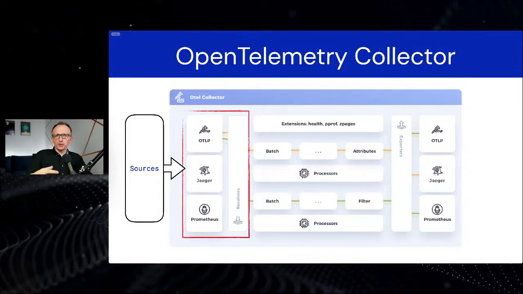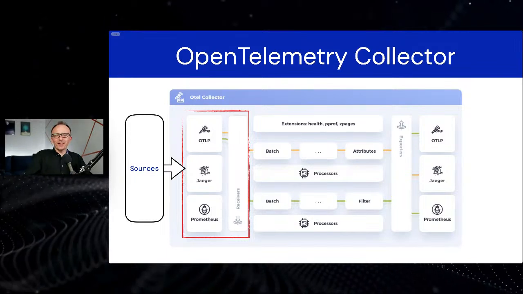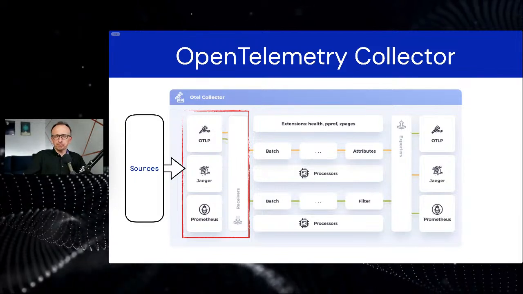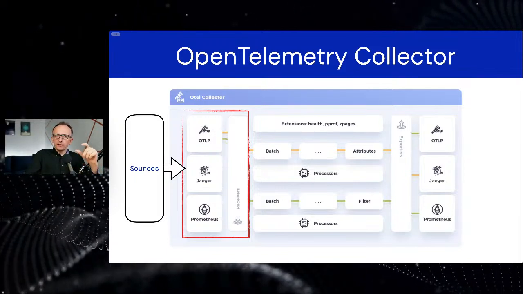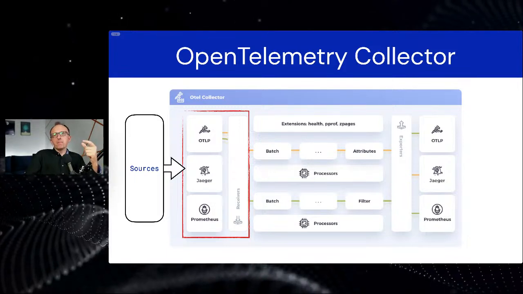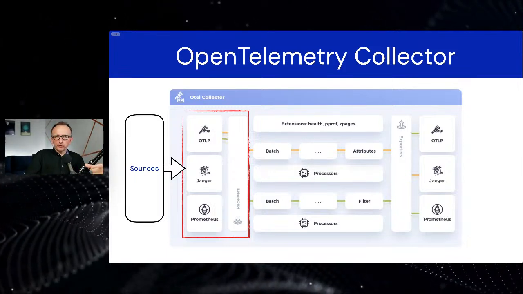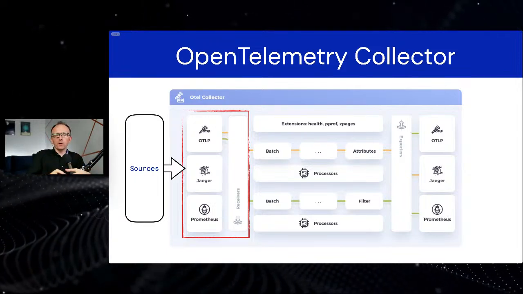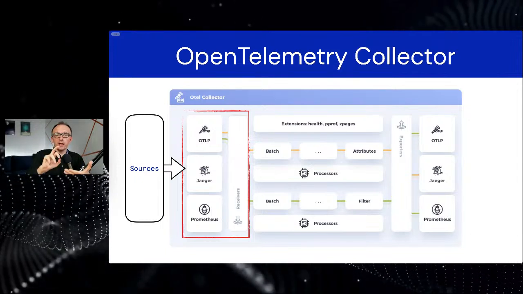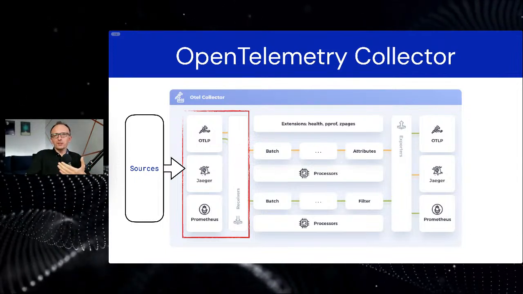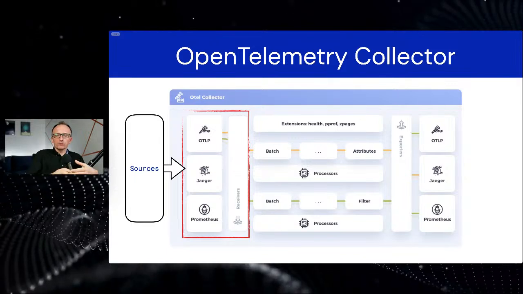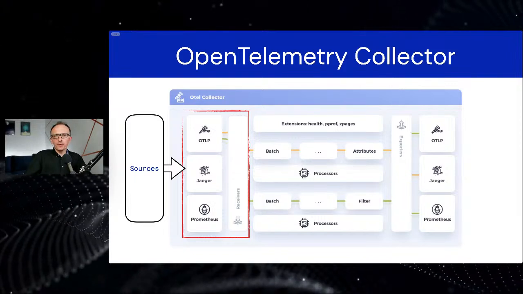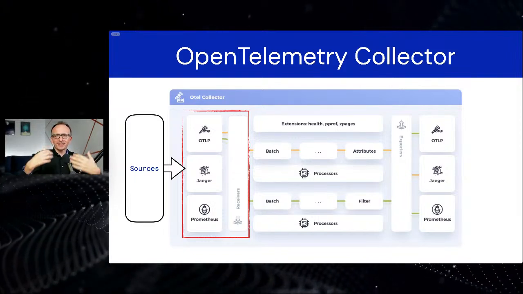OpenTelemetry is modular software and has many receivers. I will mention that also later on. It can receive data from multiple sources in multiple formats, including, like you see on the diagram, Prometheus, Jaeger, or the native OTLP protocol. There are dozens of formats that the Collector is able to accept.